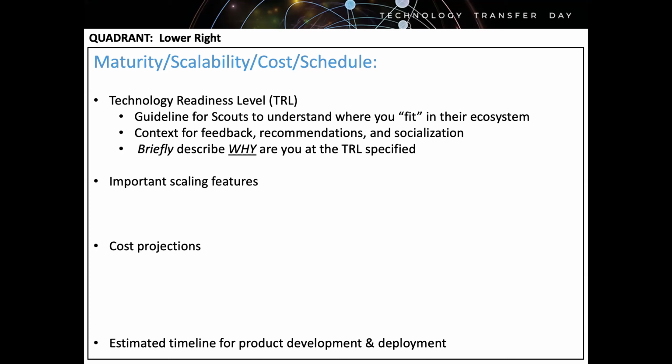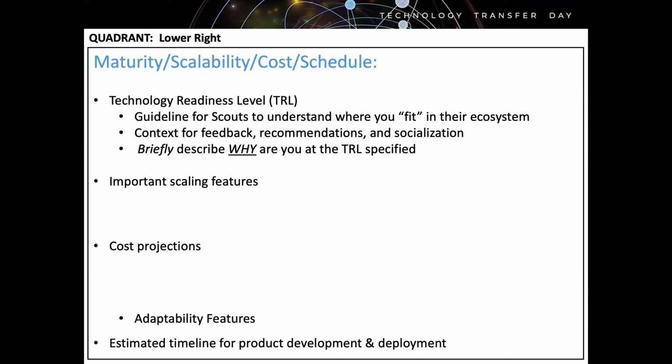Oftentimes, especially if you're earlier in your development, they may offer suggestions or ideas of other directions you may want to take your solution that would be beneficial to someone in the DoD or federal government. And then very briefly, 1 or 2 sentences, describe why you are at that TRL level that is specified. So it's just a starting point. It's just a guideline. That's all the TRL is.